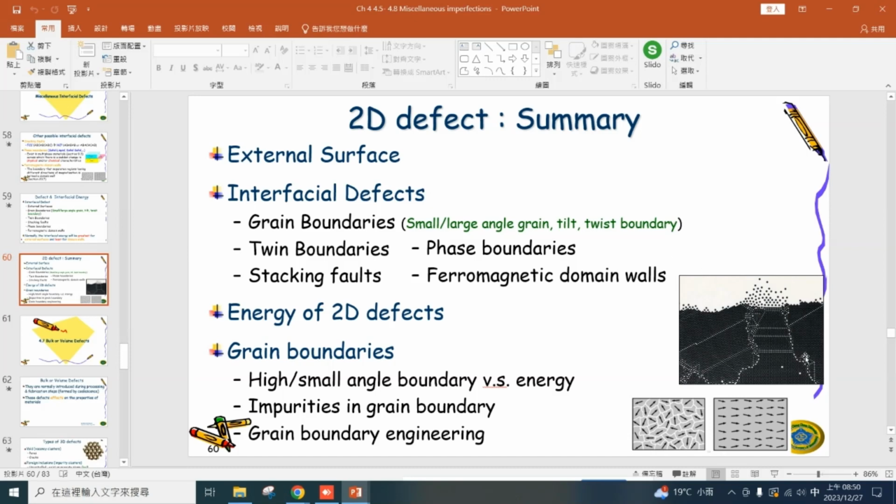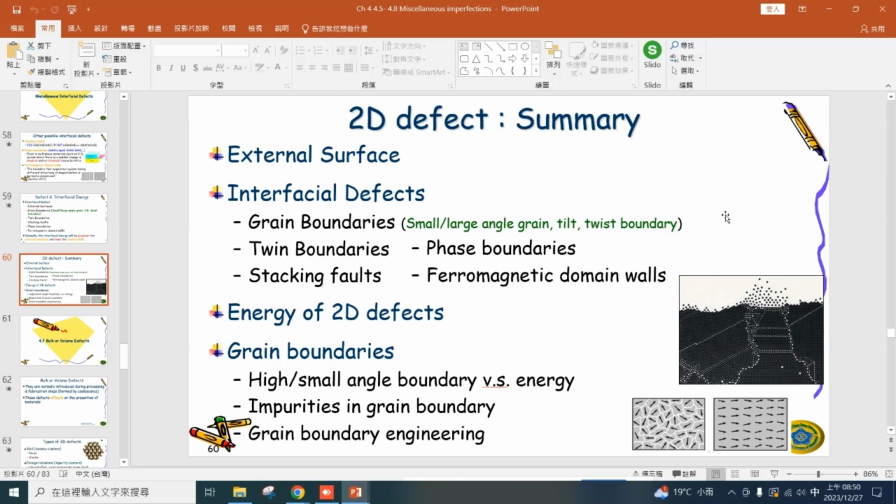Interfacial defects means that you have many defects inside the material, including grain boundaries. And grain boundaries, this is a grain boundary, right? And you can divide grain boundaries into some small parts.